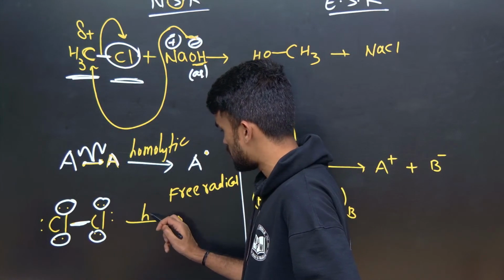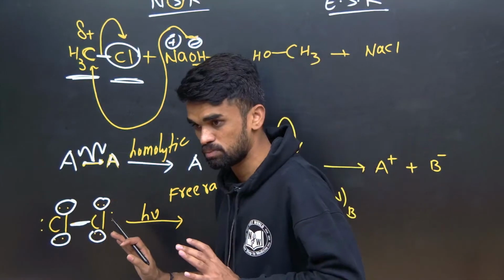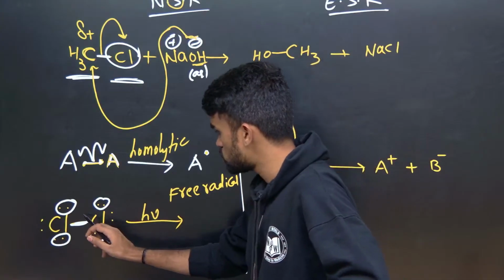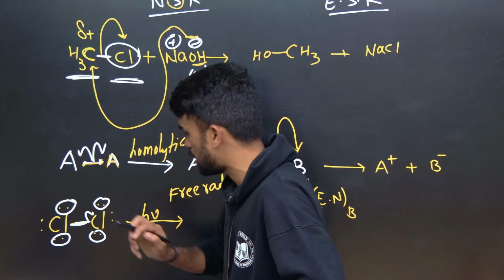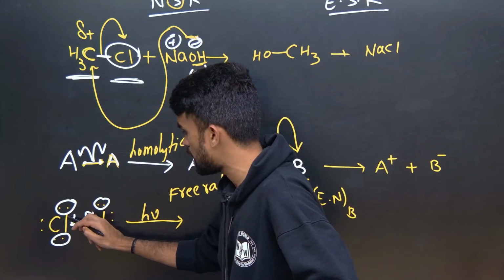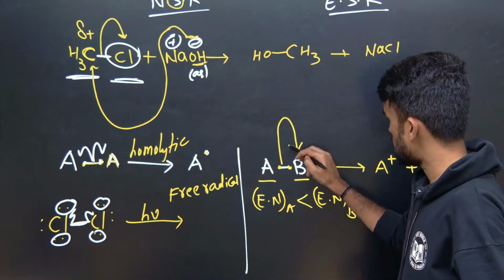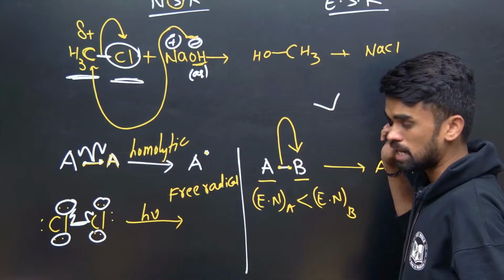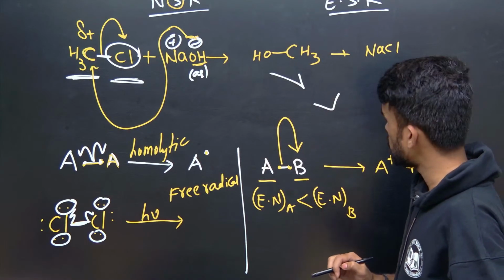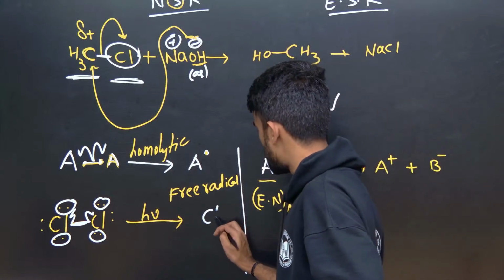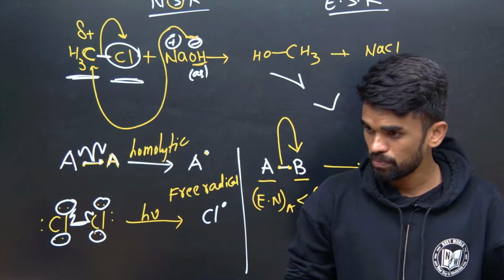By supplying a little amount of light energy of the required frequency, the bond cleaves into 2 equal halves. I am indicating an arrow with a single head. A single head represents one electron movement. If I use a complete double-headed arrow, both electrons are moving, but if I represent it like this, only one electron is shifting. So we get Cl radical, chlorine radical. Like this you can understand, right?